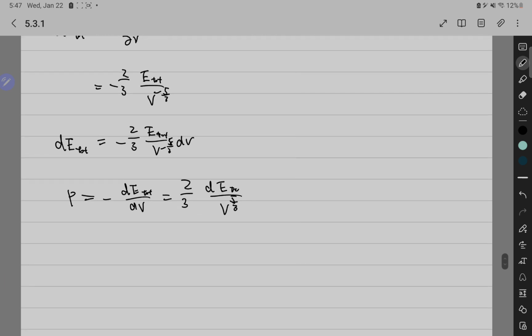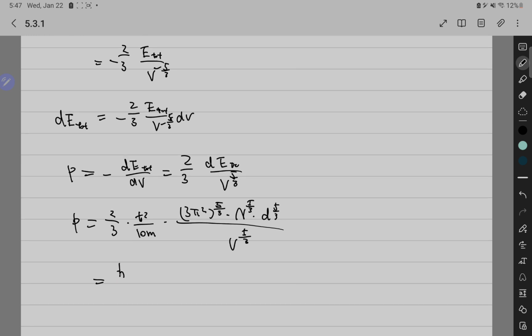Right now, if you substitute E total into this expression for pressure, what you really get is this whole thing over here, which is 2 over 3 times h bar squared over 2m, times 3 pi squared to the power of 5 over 3, times N to the power of 5 over 3 over V to the power of 5 over 3.